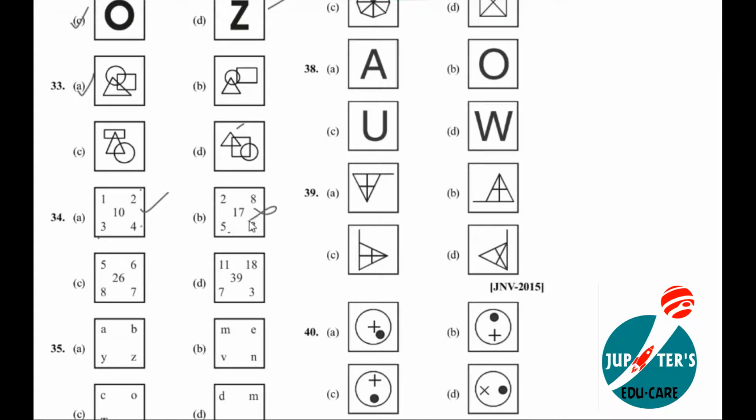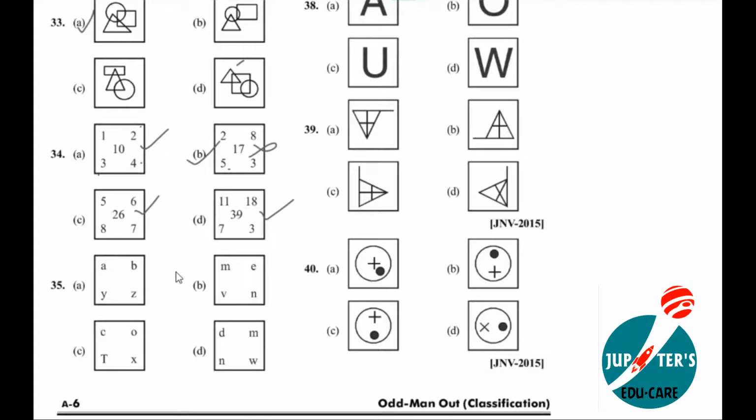But it is wrong. Next, coming to option C, 5 plus 6, 11, 11 plus 7, 18, 18 plus 8, 26. It is right. Next, option D, 7 plus 3, 10, 10 plus 18, 28, 28 plus 11, 39. So it is correct. But option B is wrong. So B is our answer.